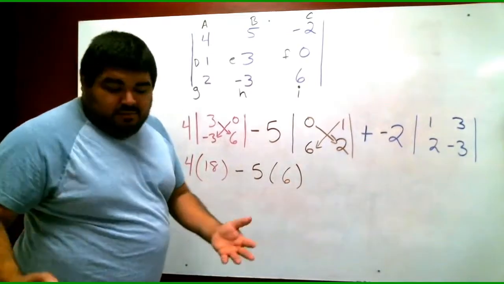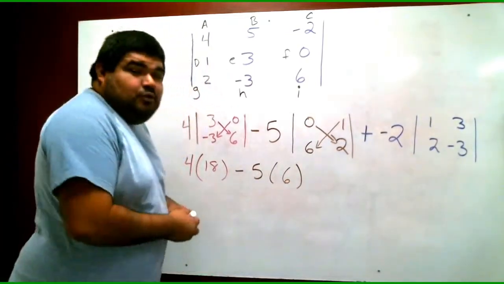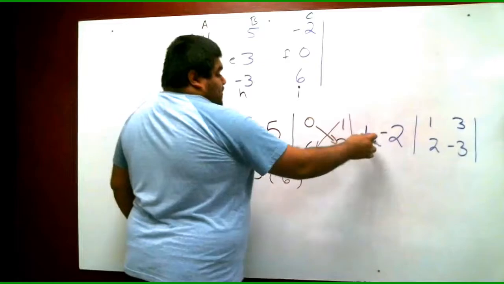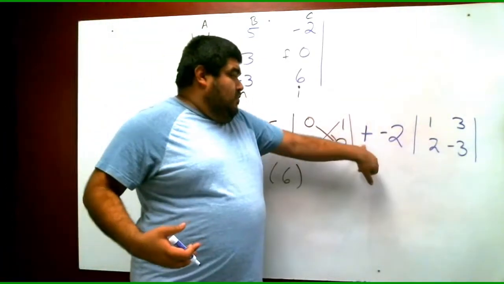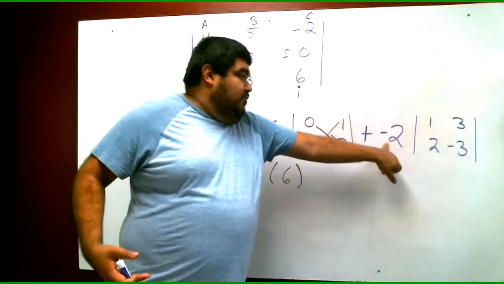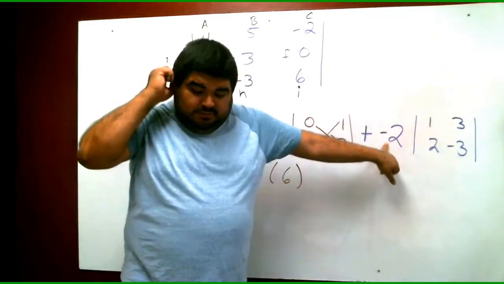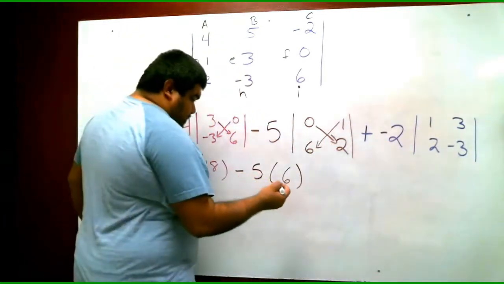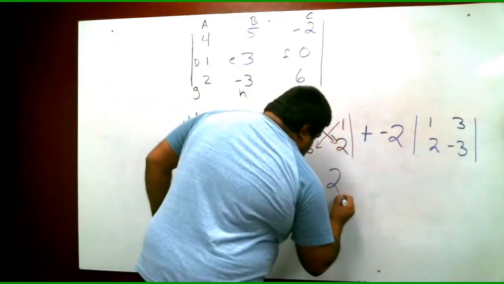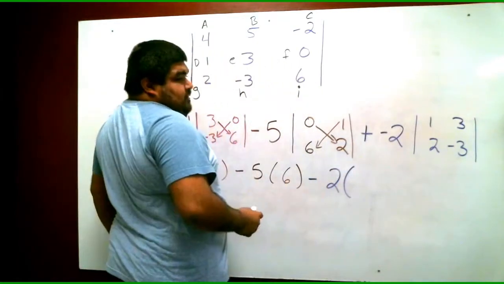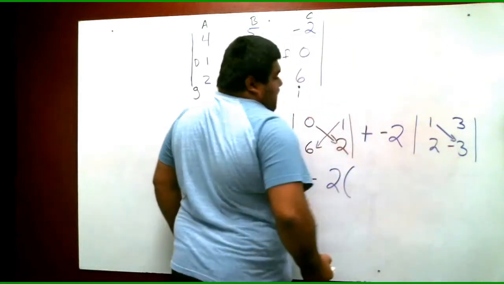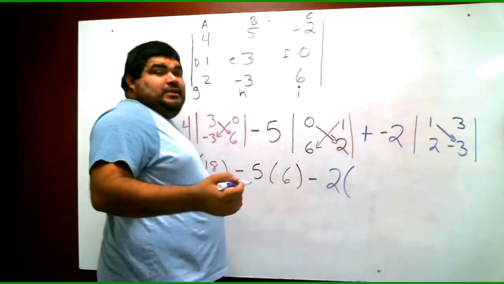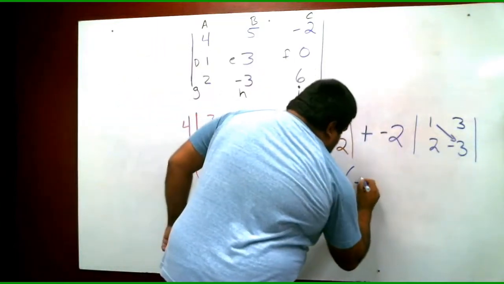And then the next one, we do the same thing. Plus and minus. Remember, this is the equation one, but we really need the negative, right? Because it's a negative 2. So we do minus 2, parentheses, 1 times negative 3, which is negative 3, right?